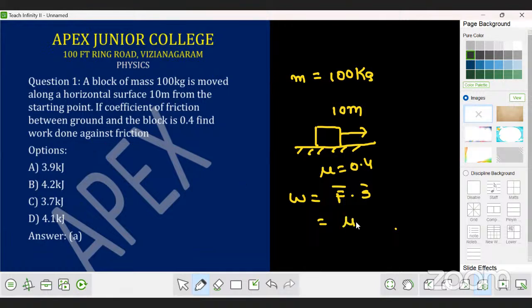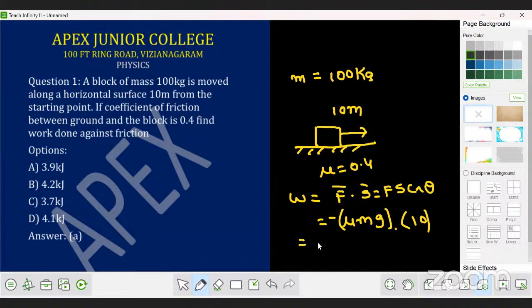What is the formula for frictional force? Mu mg, into the displacement, 10 given. Displacement and friction are in opposite directions, so it will be F s cos theta, and theta will be 180 degrees and cos 180 will be -1.